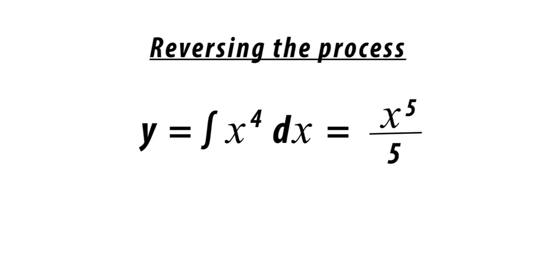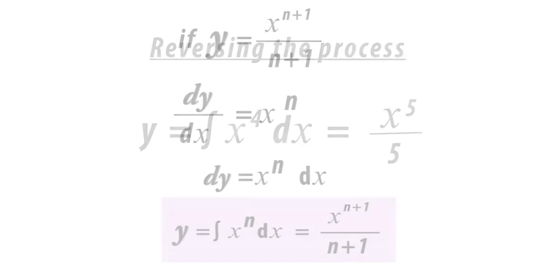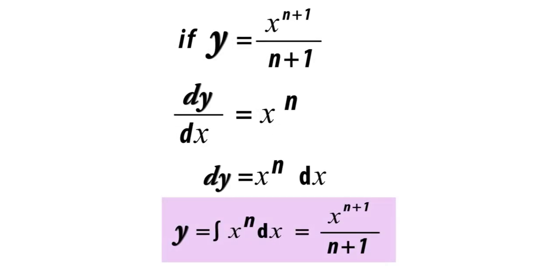So we can generalize this. In general, if y is equal to x to the exponent n plus 1 divided by n plus 1, then dy/dx is equal to x to the exponent n. And we can write dy as x to the exponent n dx.